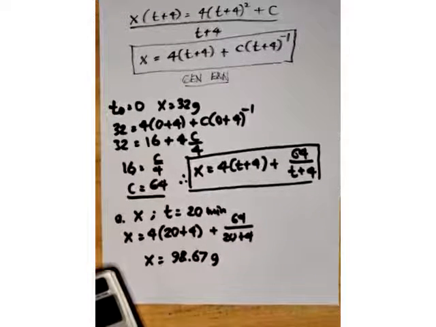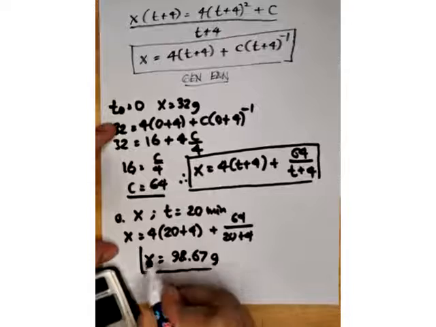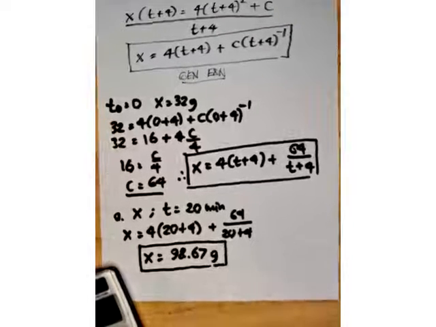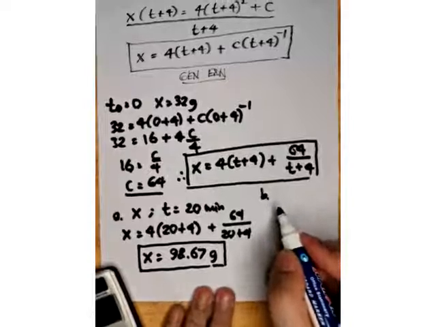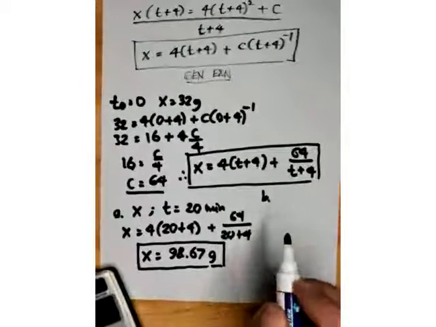Am I correct? 98.67 grams. So this is for letter A. Okay? Letter A. Next, B.